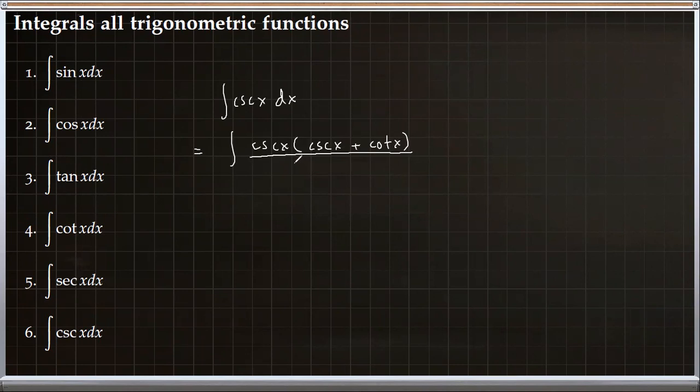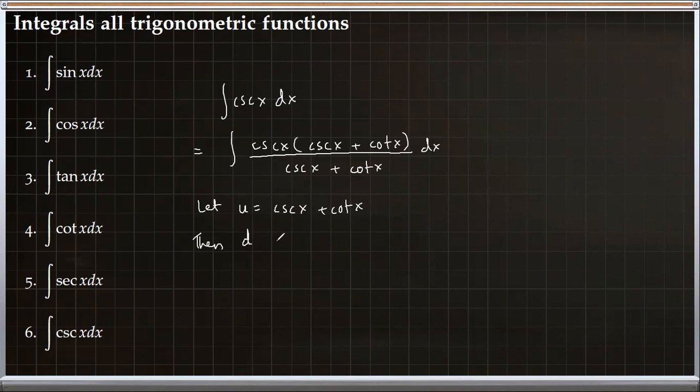So that will give us cosecant x times cosecant x plus cotangent x, divided by cosecant x plus cotangent x, dx. Now we will let u be the denominator part here, cosecant x plus cotangent x.